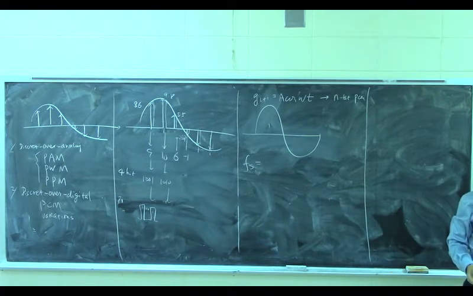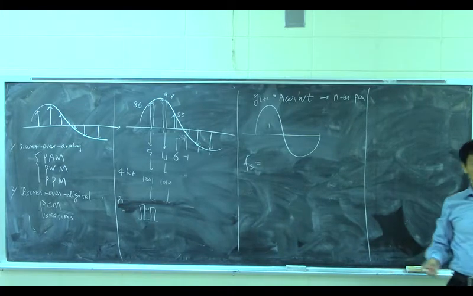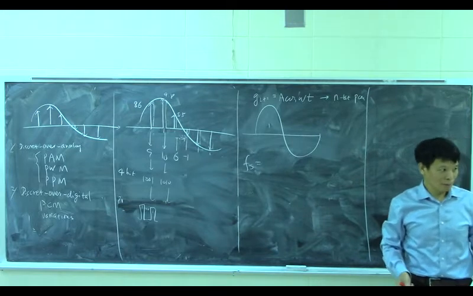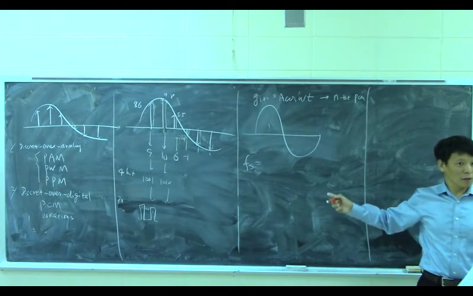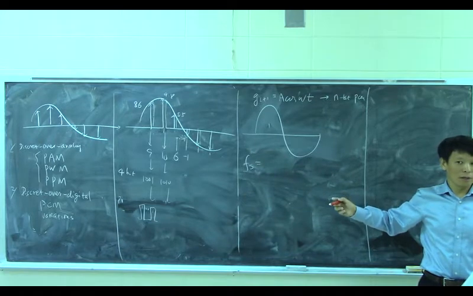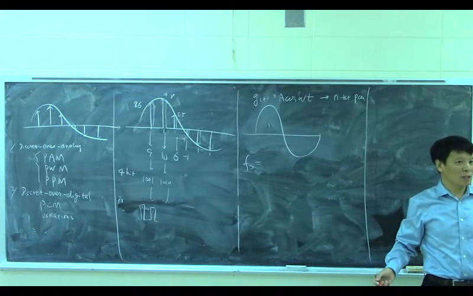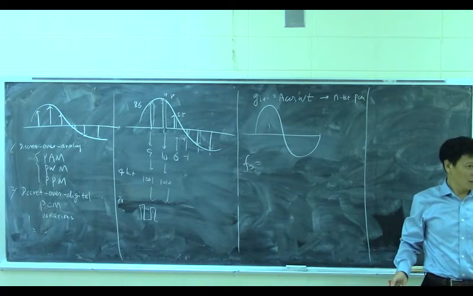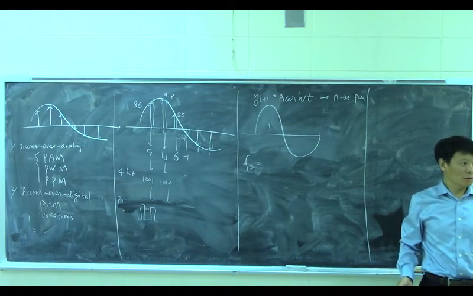Anyone? This one is not even worth a bonus point. How fast should we sample it? In the CD, we know the sampling frequency equals 44K. Why is it 44K? How fast should we sample the voice?